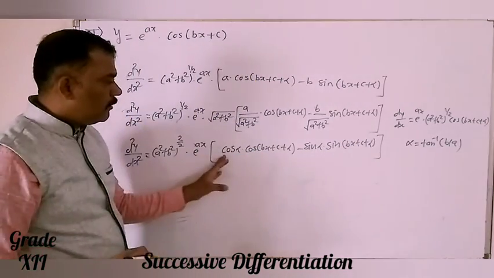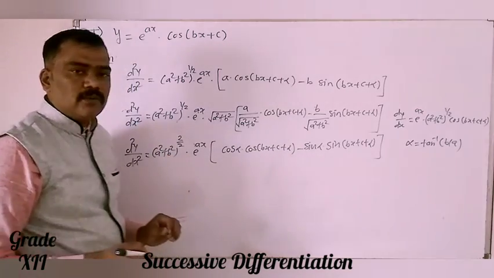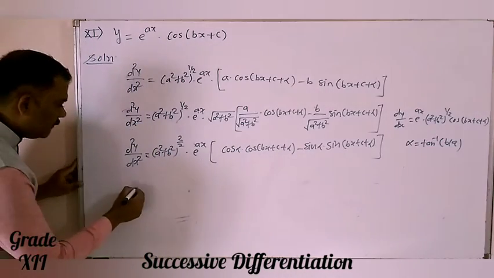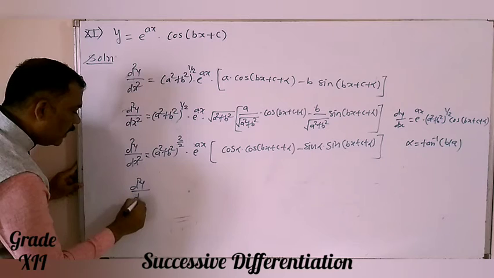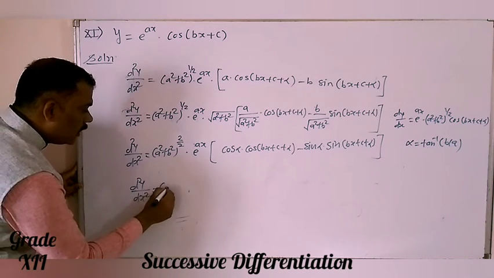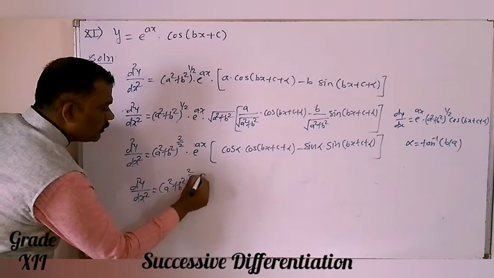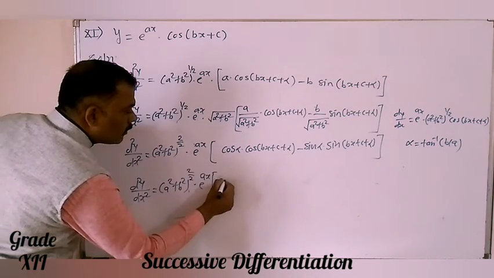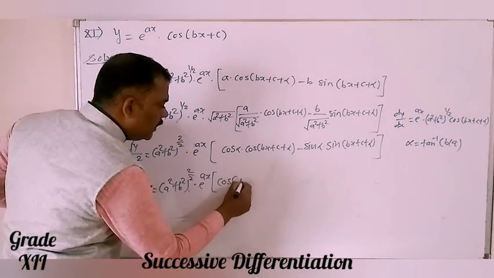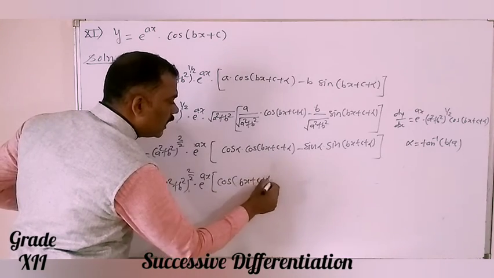Again by using the formula cos a cos b minus sin a sin b, that is cos of a plus b, we get d2y by dx square is equal to a square plus b square raised to 2 by 2 into e raised to ax into cos of bx plus c plus alpha.